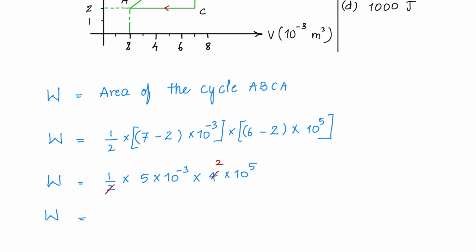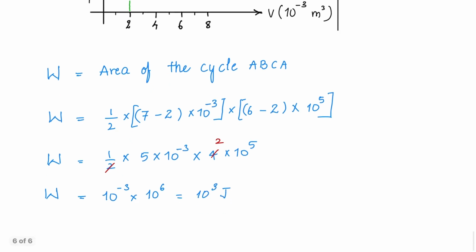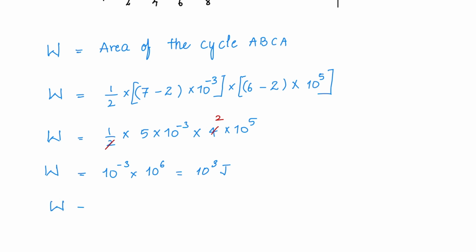That gives me the work done W equal to 5 into 10 to the power of minus 3 into 10 to the power of 5, which is 10 to the power of 3 joules. I can write it as work done W is equal to 1000 joules. This is the work done.